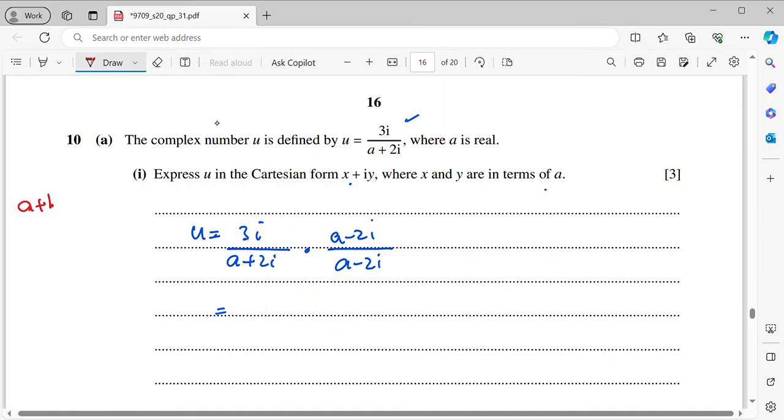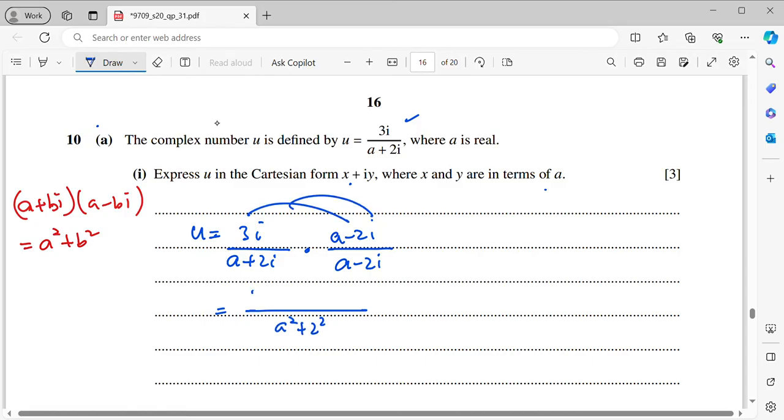Now we have a formula: if a plus bi is multiplied with its conjugate, it will be a squared plus b squared. That means the denominator will be a squared plus 2 squared. For the numerator, just do the expansion. I will get 3ai minus 6i squared. Now i squared is minus 1.